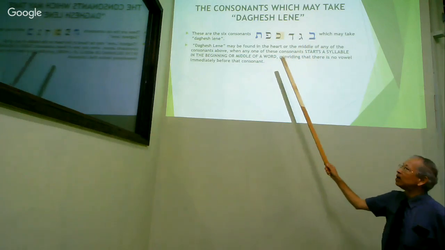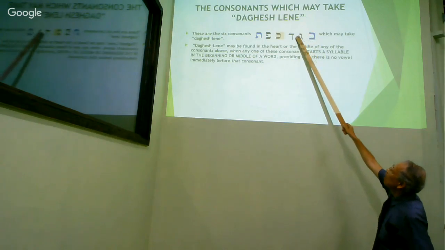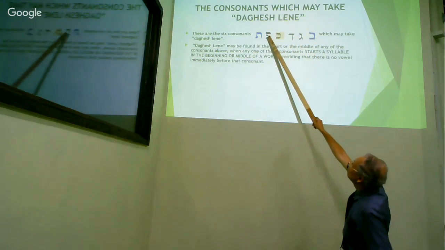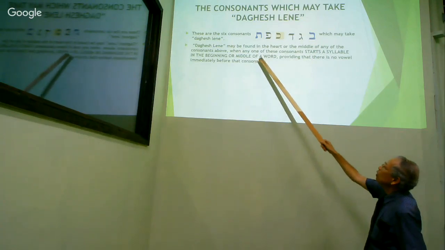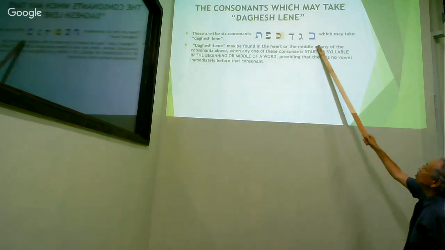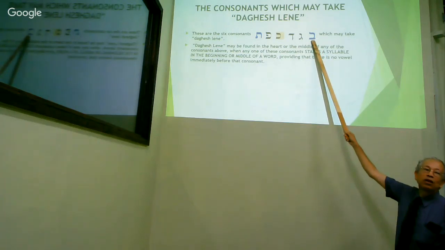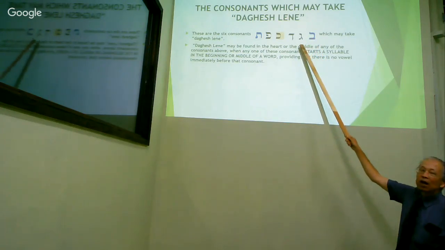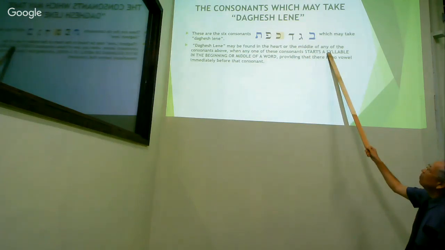Let me read that again. Daghesh Lene may be found in the heart or the middle of any of the consonants above when any one of these consonants are at the beginning of a word or in the middle of a word and they start the syllable.